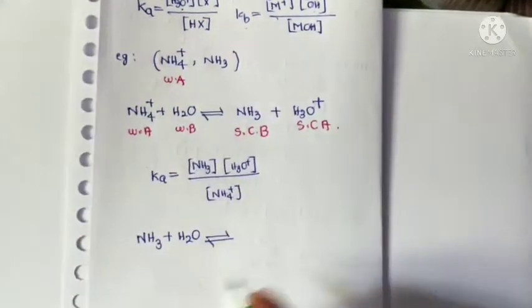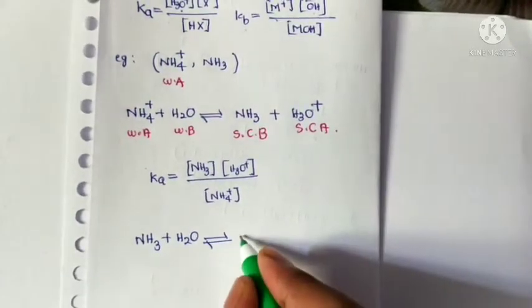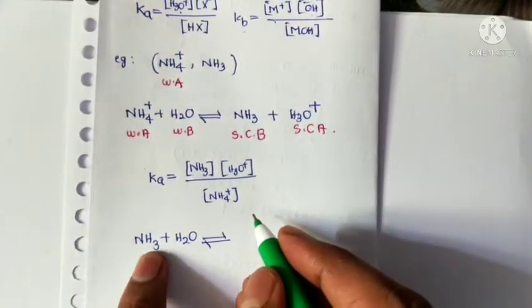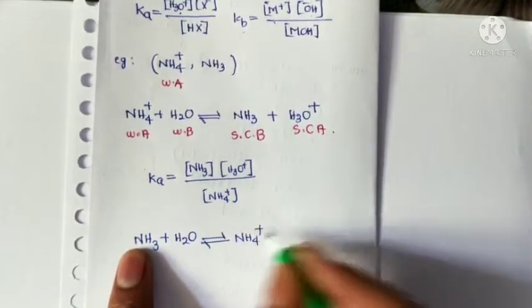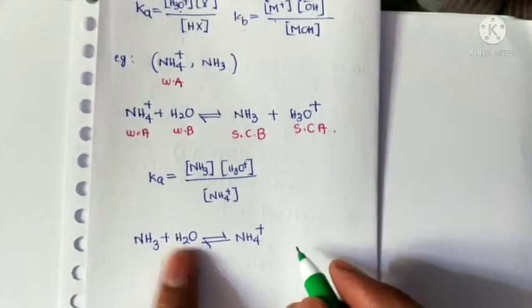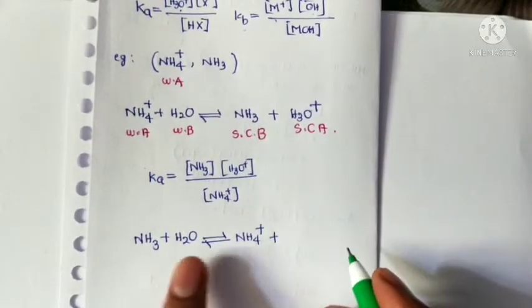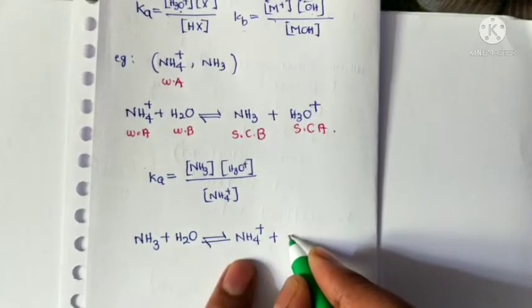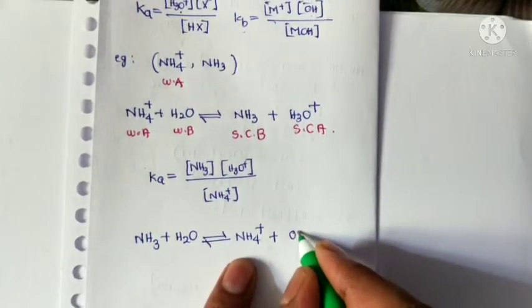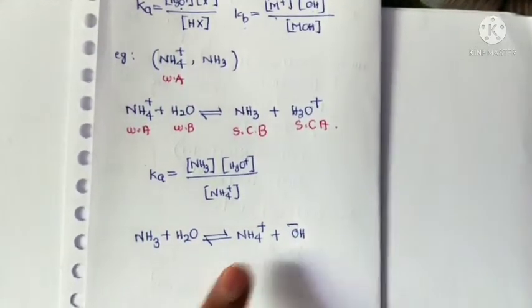Ammonia accepts a proton from water and is converted into NH4+ ions, and water is converted into OH- ions.